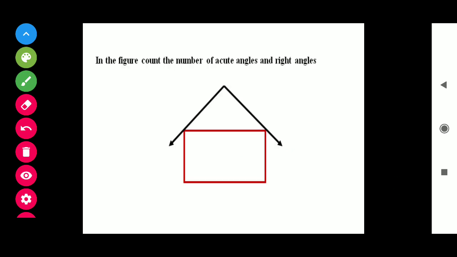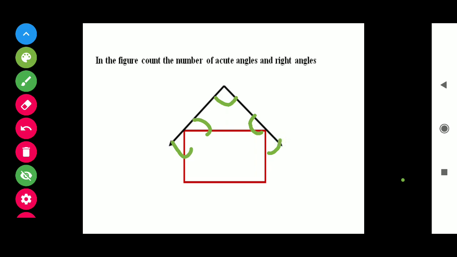Next one is, here I have drawn one figure. So now you have to find out acute angles and right angles which are given in this figure. So first I will find out acute angles. See, this one, this one, this one, this one, this one.